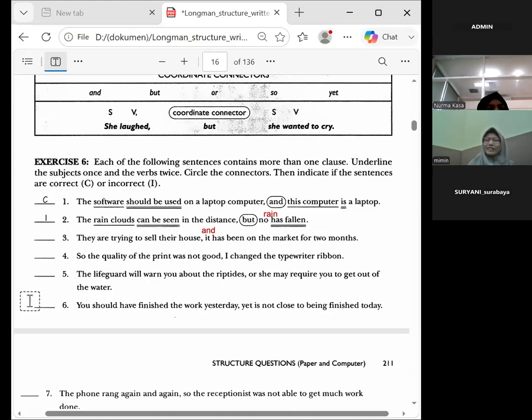So, what is the connector? The connector is so. Is it possible to start the sentence with so? All right. And, but, or, so, and yet cannot be used to begin a sentence. The position of these connectors should be in the middle after the first clause. So it should be the quality.